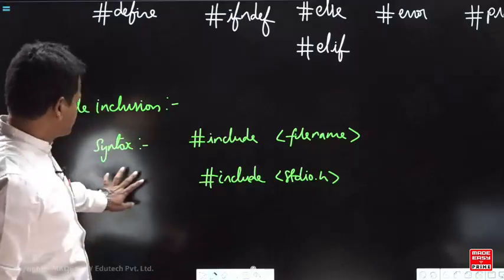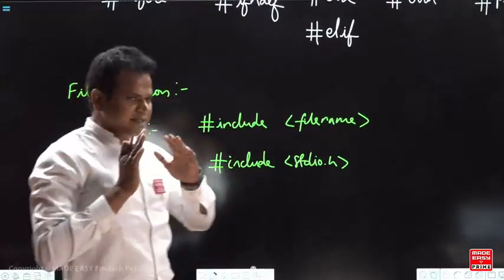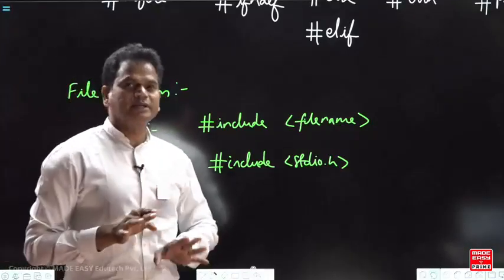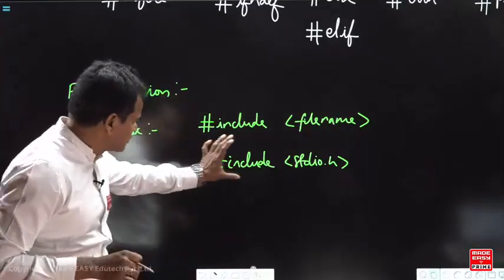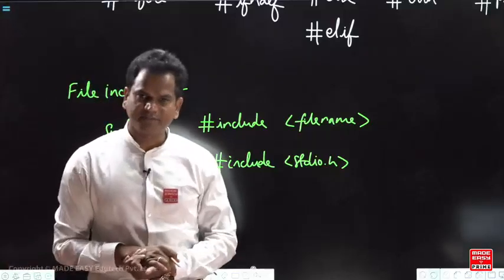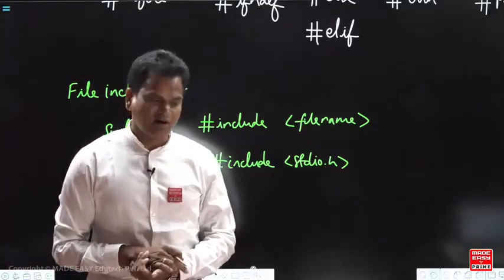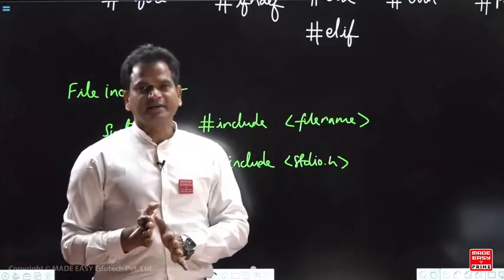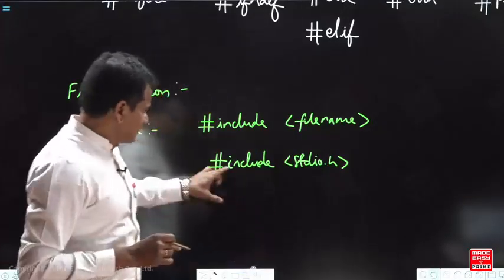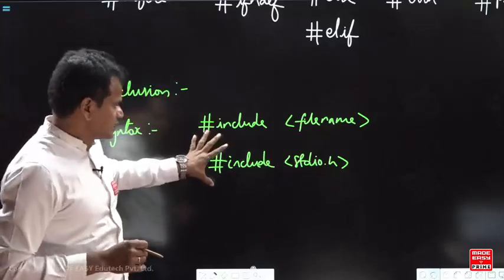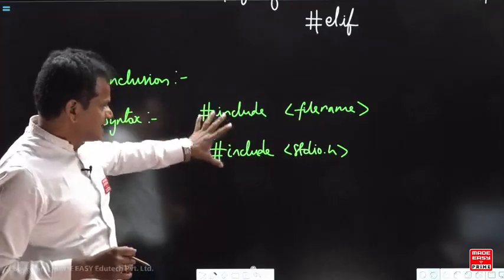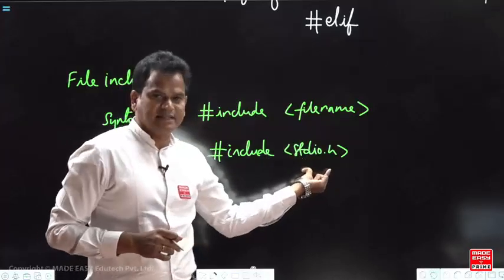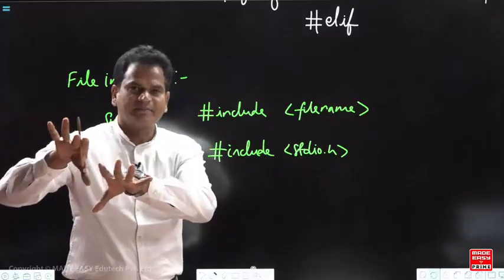So what happens? The preprocessor removes all hash include directives by placing, wherever it is located, the code available for that file. Actually, these are all available in the built-in library.